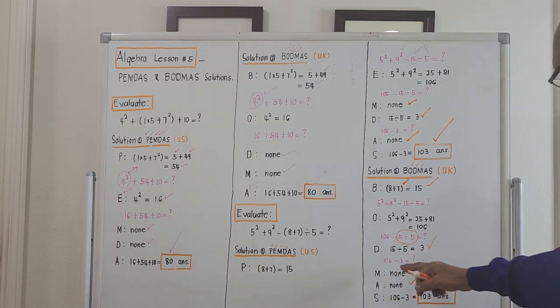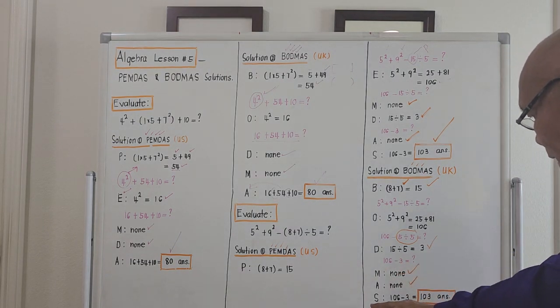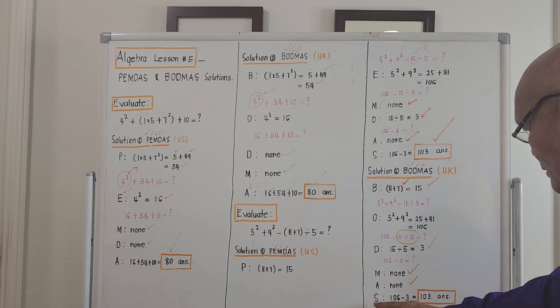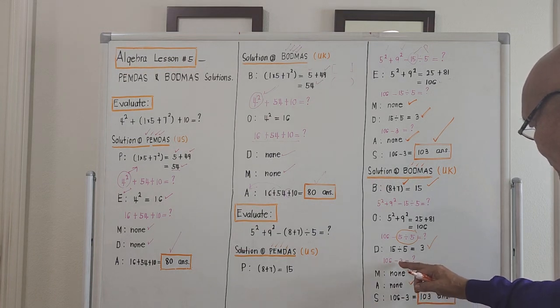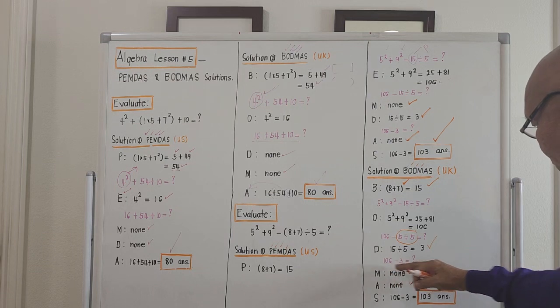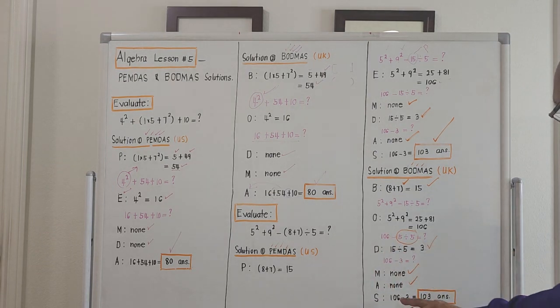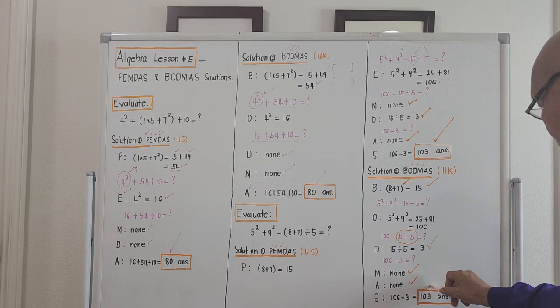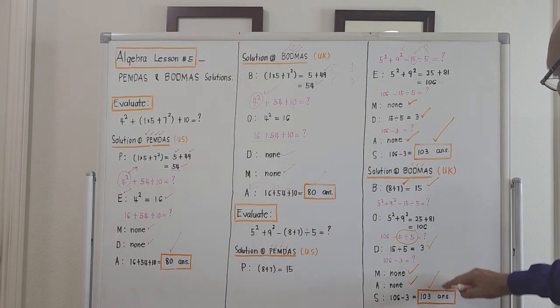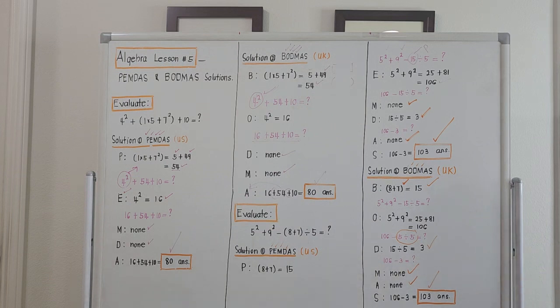There is. This sign here is subtraction, right? So performing the last operation, subtraction, we'll just copy this, 106 minus 3. That's why I rewrite this one so I could visualize what will be the next operation. So it will be 106 minus 3, okay? 106 minus 3 will be 103. So it's the same answer whether the US solution or the UK solution.